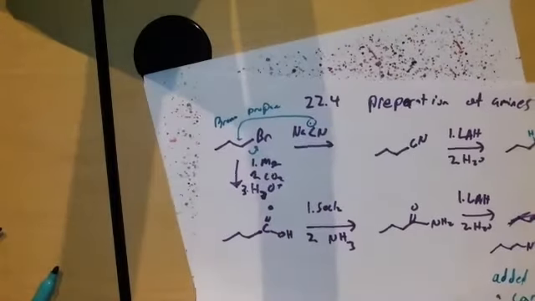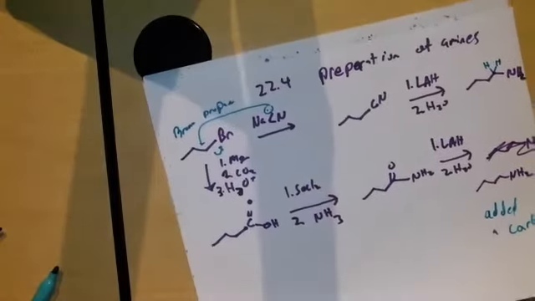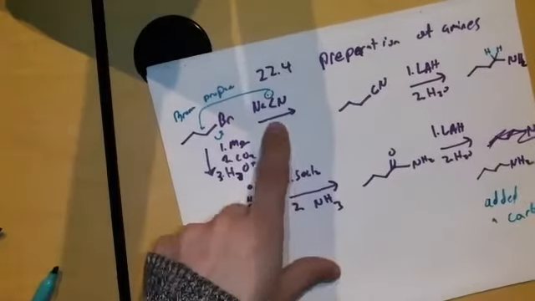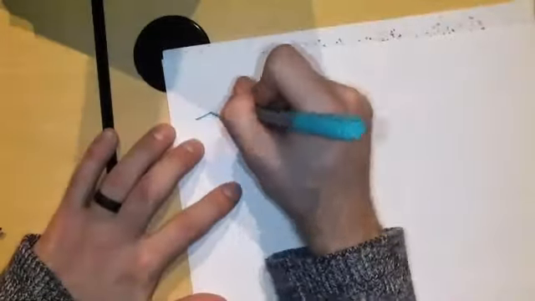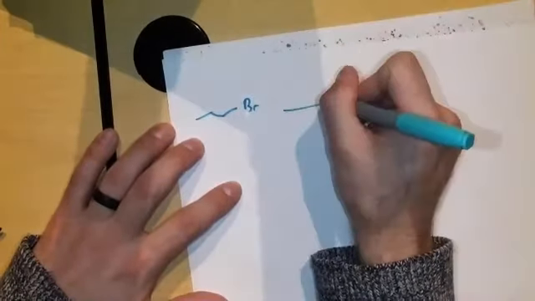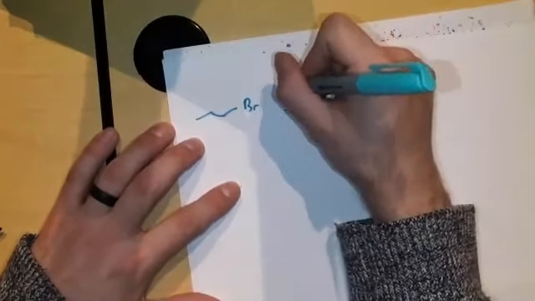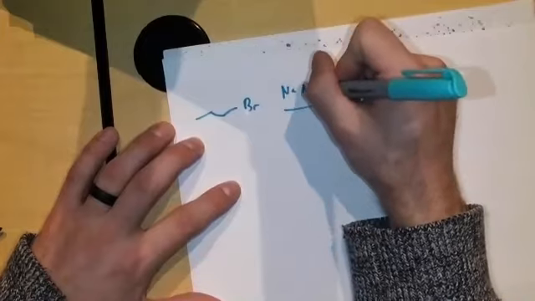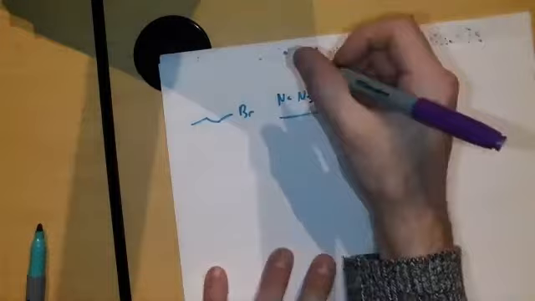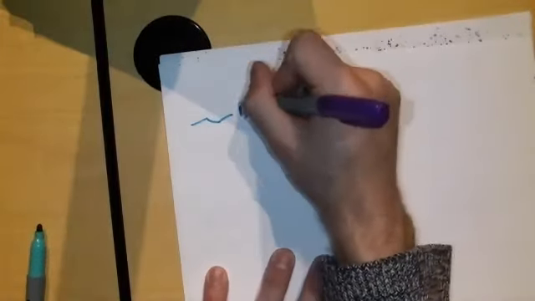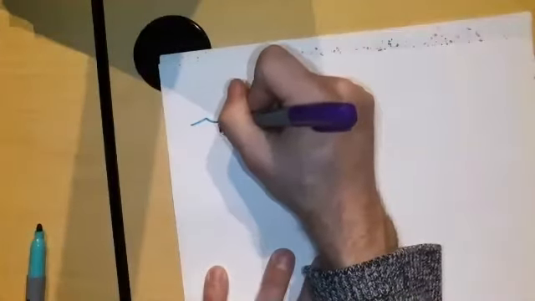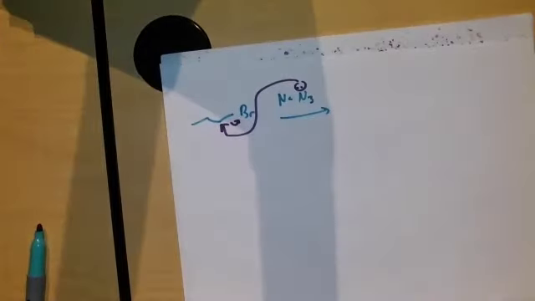The most simple way is to do what's called going through an azide. It's going to be really similar to this CN concept, except instead of NaCN, we're going to use NaN3. Our N3 can act as a nucleophile. It'll do an SN2.